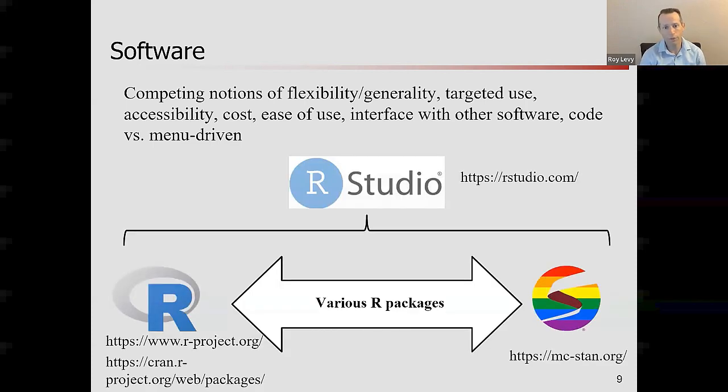In our time together, this is the environment we're going to work in. Looking at the lower left, we're going to use the R statistical environment as our home base for setting things up and data management. And we will use R packages to interface with Stan, a software for fitting Bayesian models. And we're going to do all of that under the umbrella of RStudio. RStudio is an interface for working with the R statistical environment. These are not the only choices you could make.